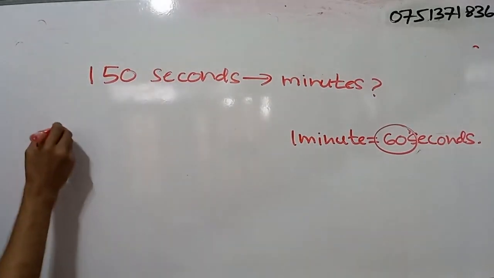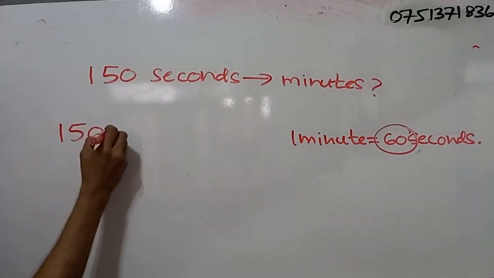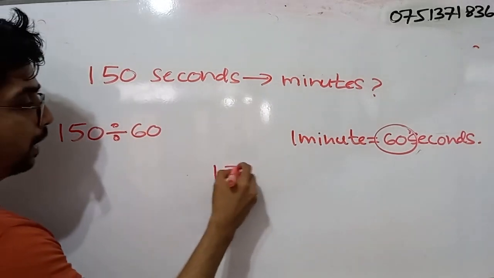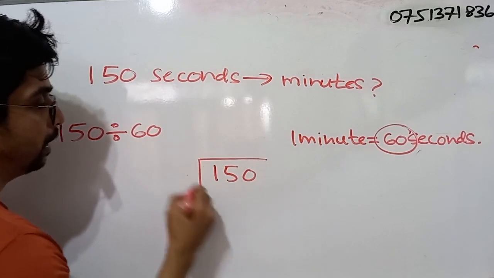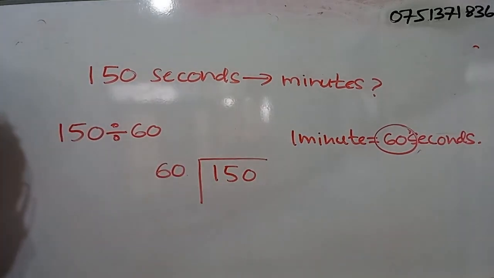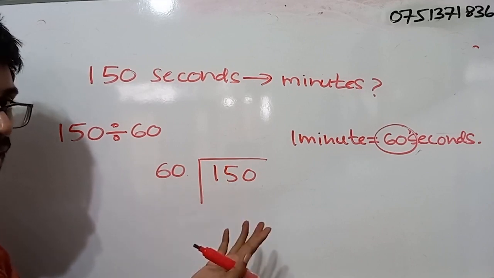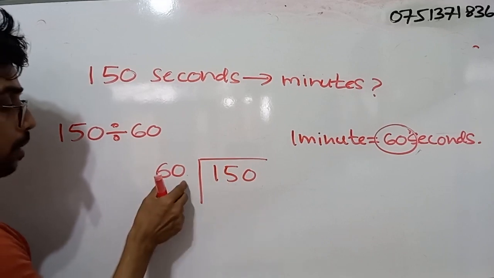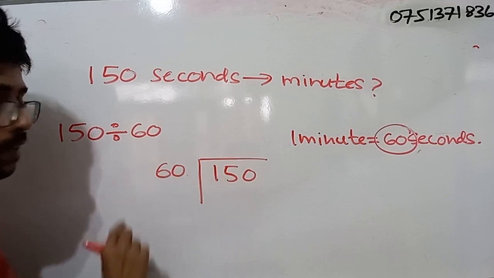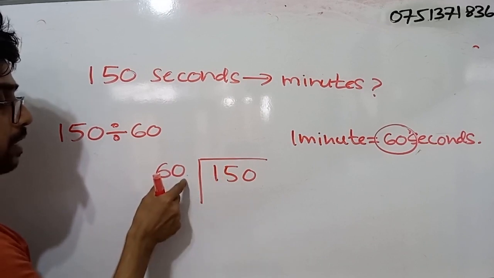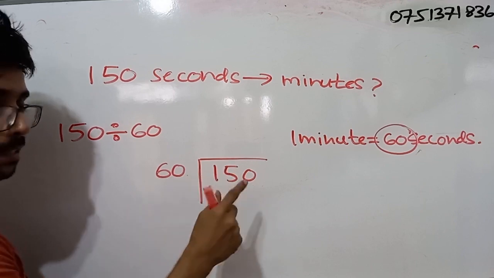So essentially we have to divide 150 by 60. Right? So I will take 150 as the dividend and 60 as the divisor. So how many 60s are there for 1? No, nothing. How many 60s are there for 15? Nothing. Right? How many 60s are there for 150? Let's check it.